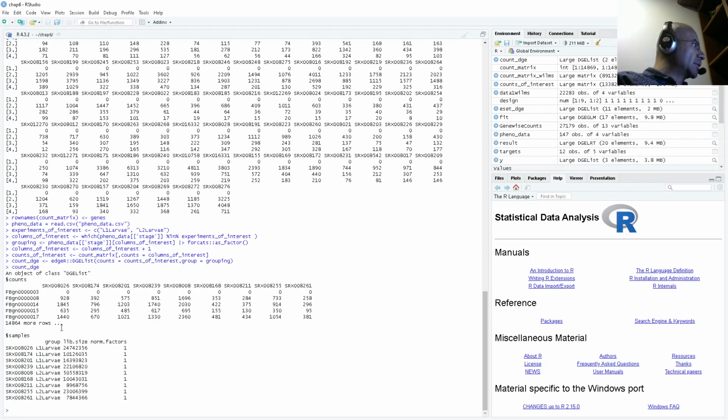These are our samples and this is our counts. In the rows are the genes and in the columns are the samples.